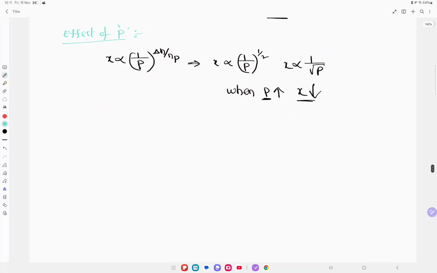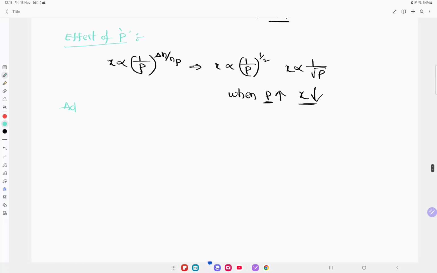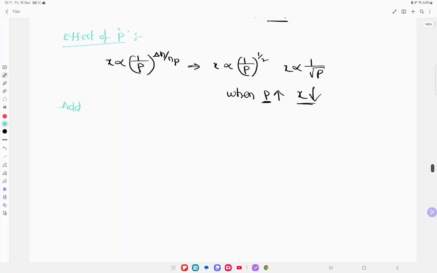Next, addition of inert gas. In these two conditions, first at constant pressure.